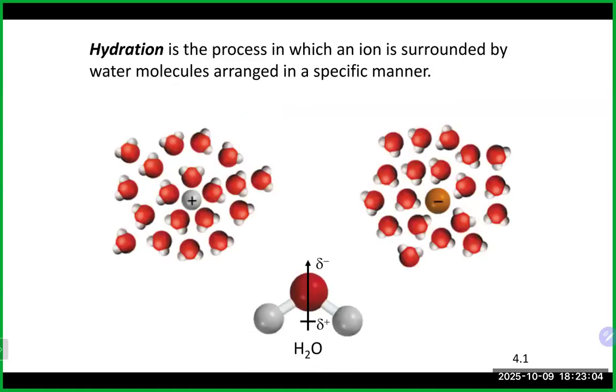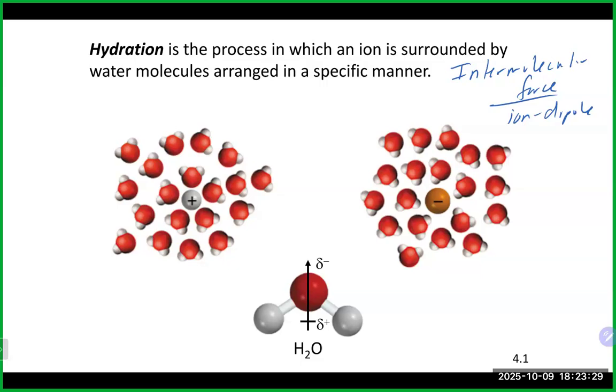Now, when ions do dissolve in water, they go through a process known as hydration. It really is an intermolecular force known as ion-dipole interaction. And ion means there's an ion, a cation or an anion.